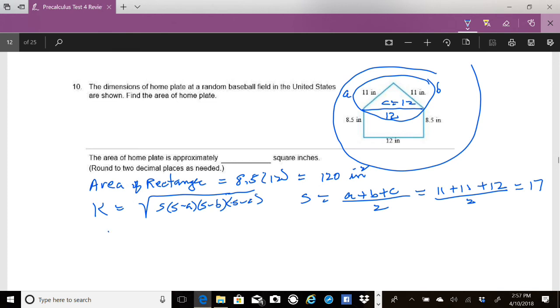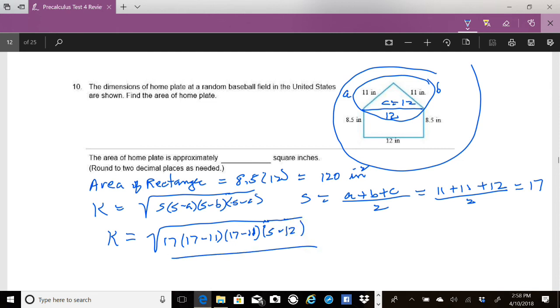So now, very simply, we can calculate the area of this triangle by plugging in S is 17. S minus A is 17 minus 11. S minus B is 17 minus 11. And S minus C is S minus 12. Put this in your calculator and you get 55.317.